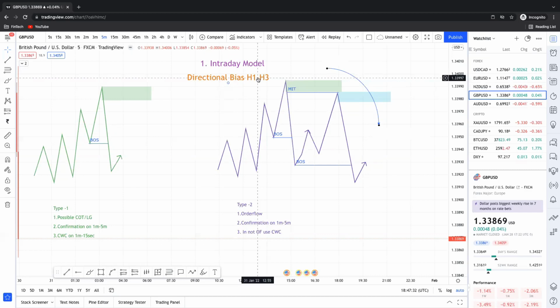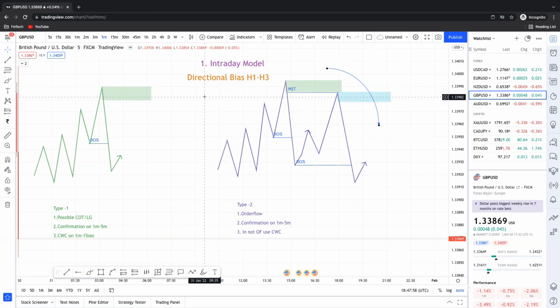Now this is the intraday model, so everything is exactly the same, right? This time frame will decide directional bias. If you want to trade intraday, this trade will last from a few hours to a day.